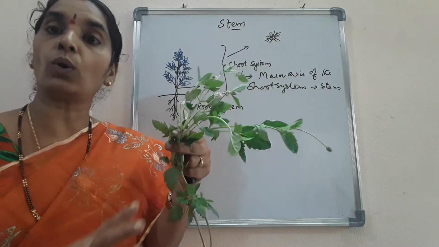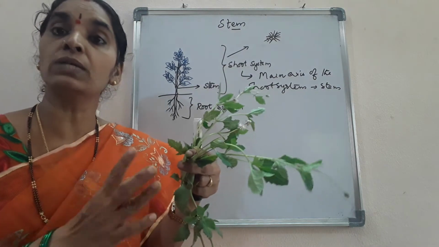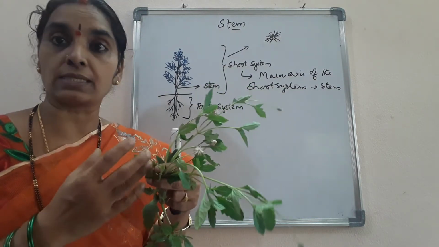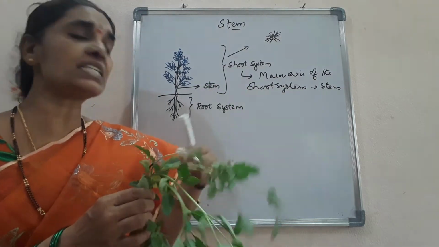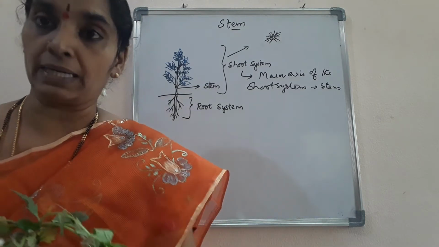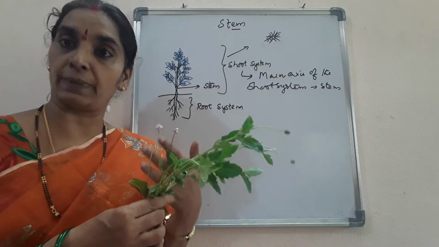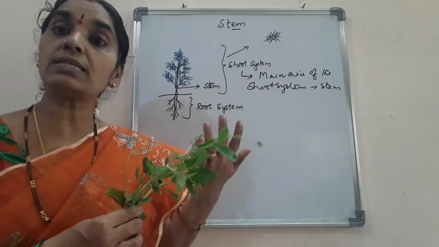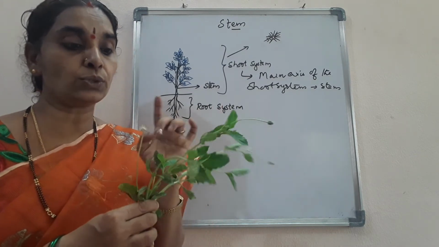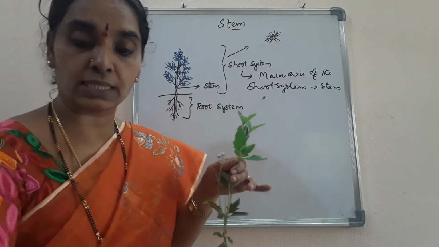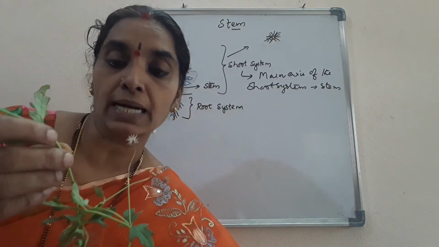The stem bears all the other parts of the plant and gives support to them, as we have studied earlier in the parts of the plant. Now we'll see what the different parts present over the stem are.